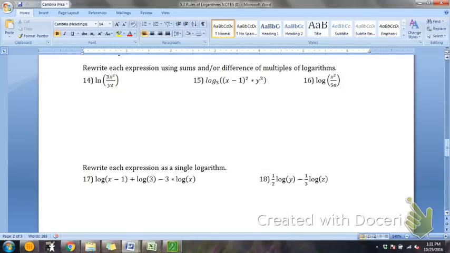Let's write that word up there because in your homework it says expand or condense, and I want to make sure you know this means that we are expanding. See what you can do on number 14. We've already kind of done one like number 14. See what you can do.